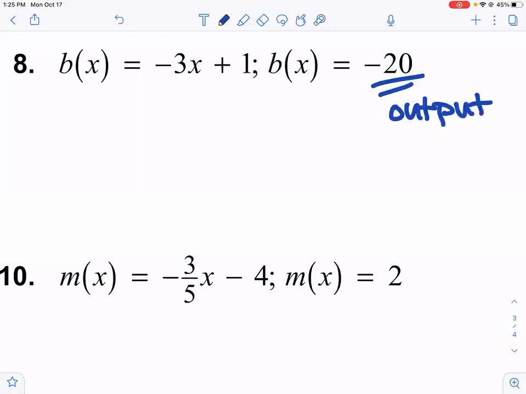So what are we going to do with -20? Am I going to put -20 for x? No. Negative 20 is b of x. So I'm going to come over here to the negative 3x plus 1. And this is an output, so I'm going to put it over here where my outputs go.